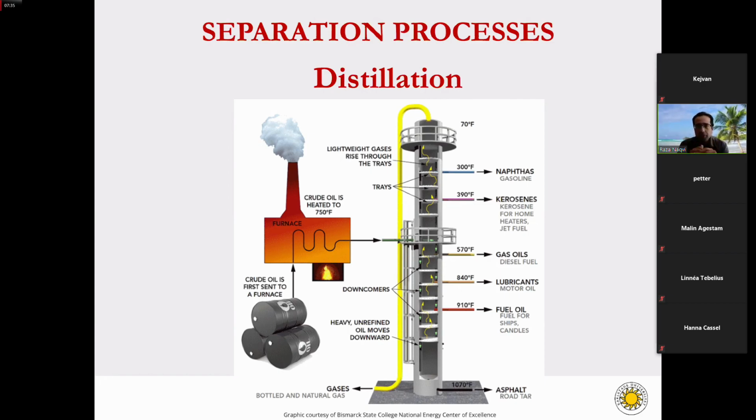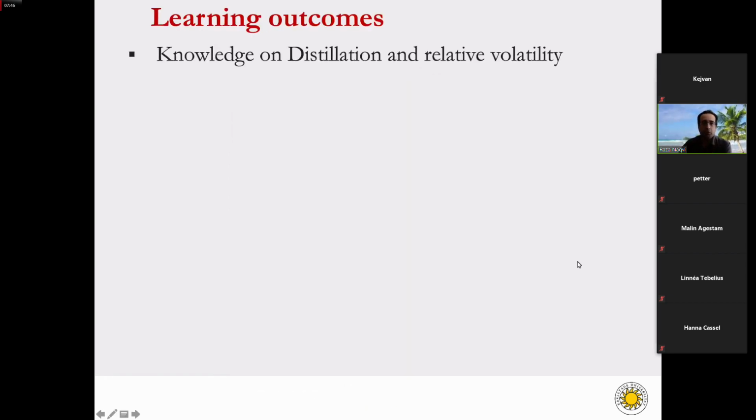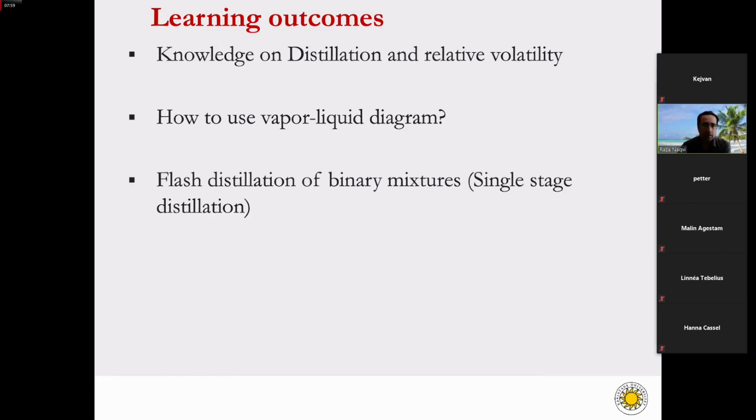I will go into the detail about distillation, how we do the distillation, and how we can calculate the number of stages and ideal plates. The main learning outcomes from this discussion are that we will develop our understanding of distillation and relative volatility, and how we can use the vapor-liquid diagram, this VLE diagram, which is very important. I will very briefly discuss the flash distillation of binary mixtures, or single stage distillation.